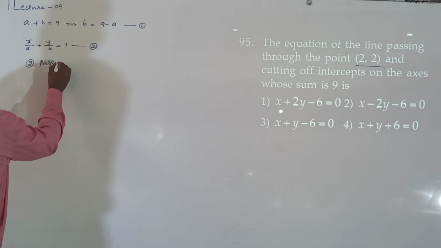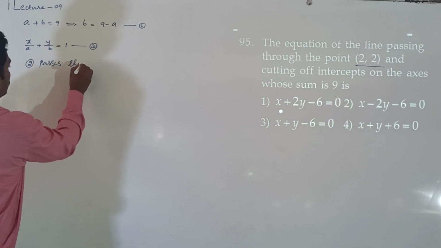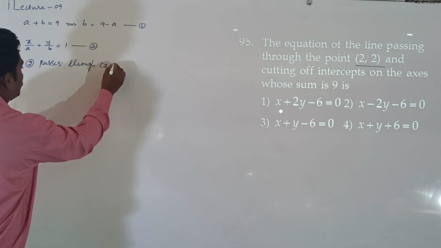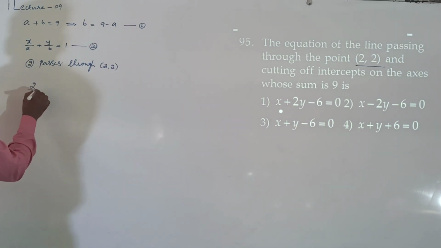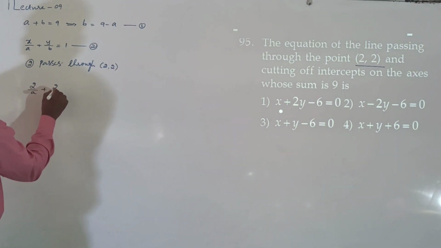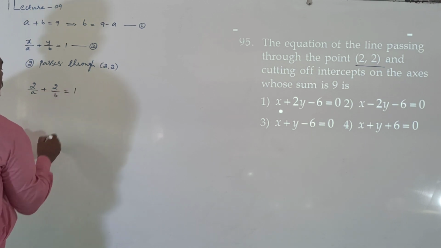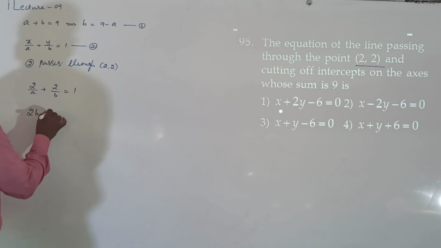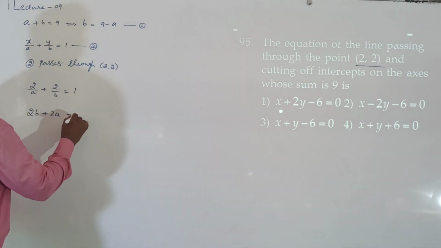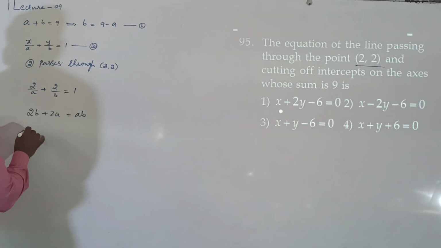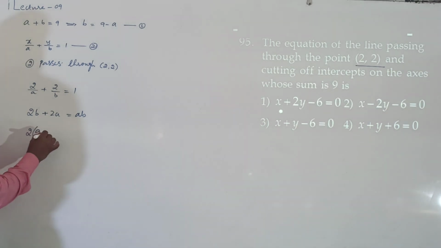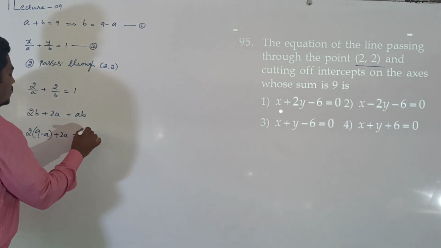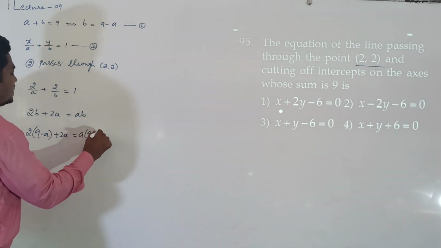Equation number 2, our required line passes through the point (2, 2), means 2 divided by a plus 2 divided by b is equal to 1, means taking LCM, 2b plus 2a, that's equal to a into b. After that, 2 into (9 minus a) plus 2a, that's equal to a into (9 minus a).